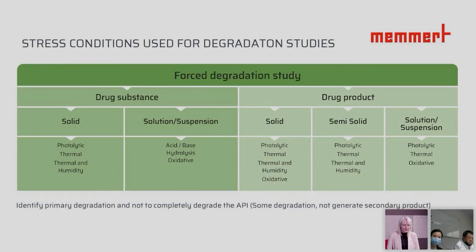If it comes to the solution or suspension, then we have here acid and base hydrolysis and oxidative. Oxidative degradation means we use hydrogen peroxide. That could be in the concentration range of 3 to 30%. When we talk about hydrolysis, this refers to the chemical degradation reaction of the analyte with water.